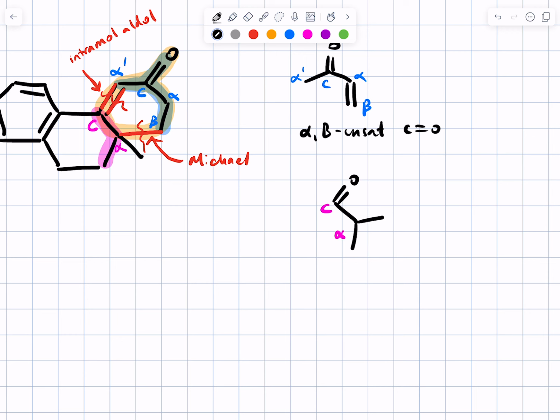And then if it was the electrophile in the Michael reaction, it would have been the enolate. So there would have needed to have been an alpha proton there. And then everything else about the molecule is exactly unchanged.